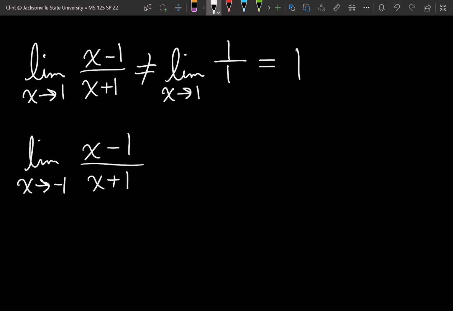Okay. So on top we would get -2. On the bottom, we would get 0. We can't use L'Hopital's rule here because it's not indeterminate. What is it? Do you remember the situation?